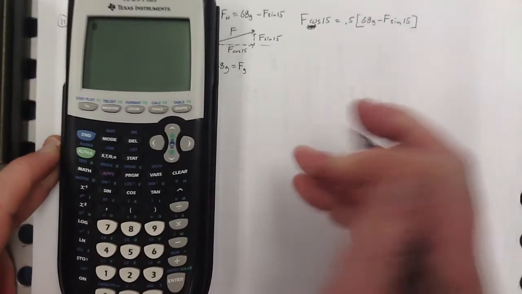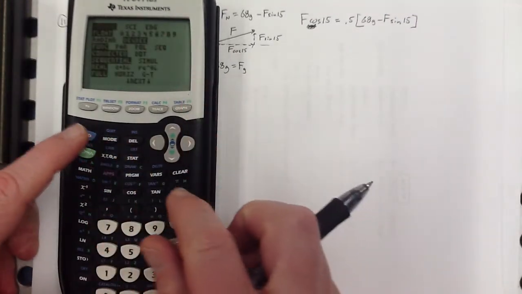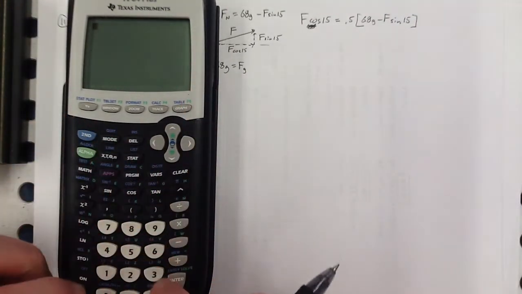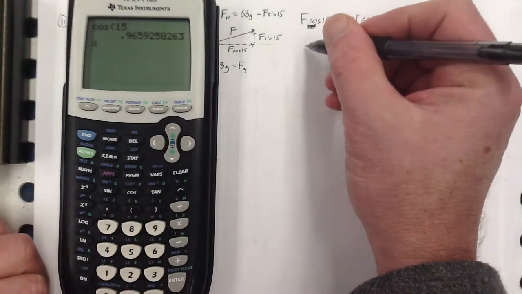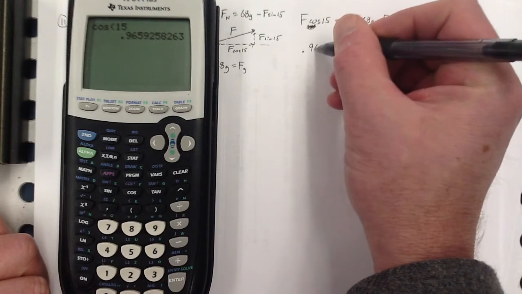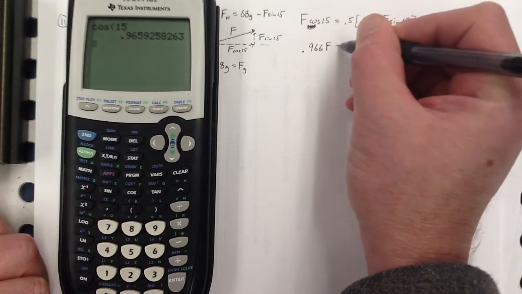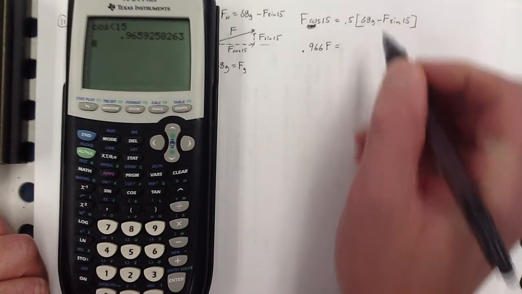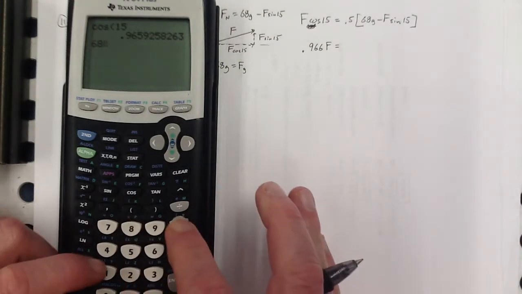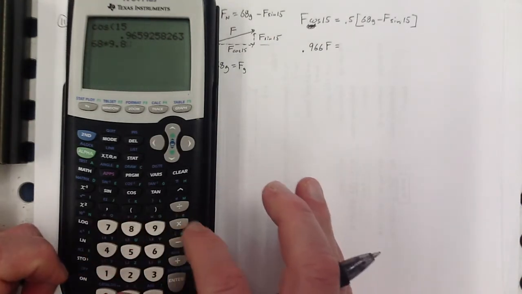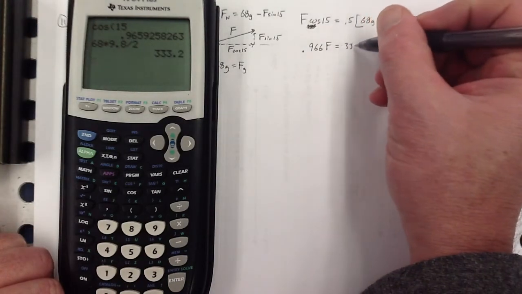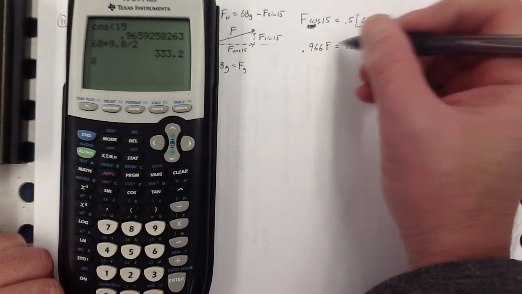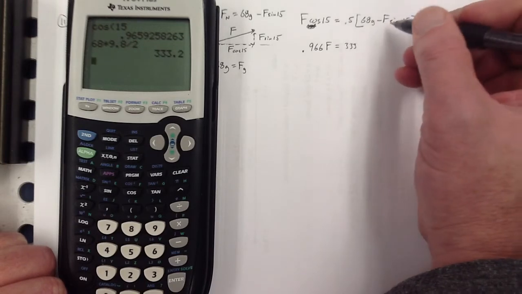Let's see. Just checking to make sure I'm in degree mode there. The cosine of 15 is 0.966, so 0.966 F is equal to 68g. Half of that is 333. I'm going to keep 3 sig figs on things. That should be okay.